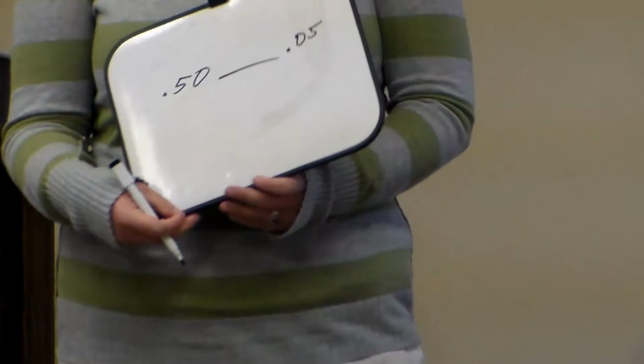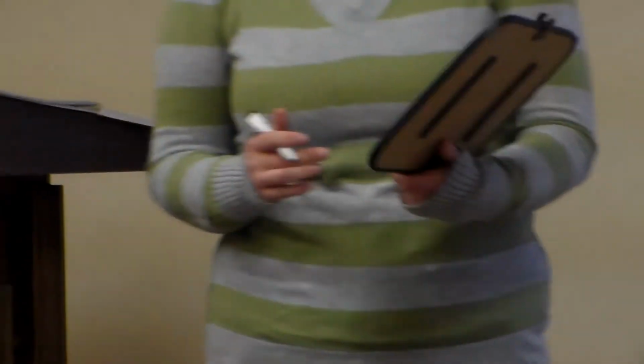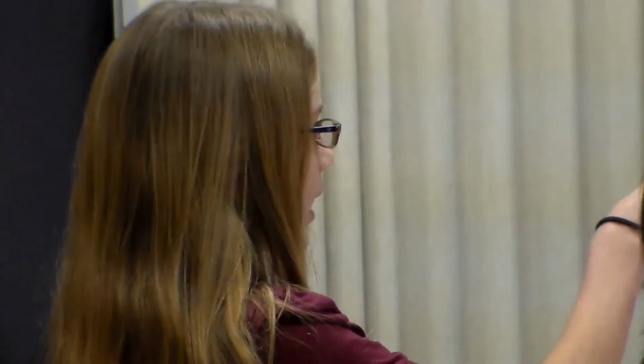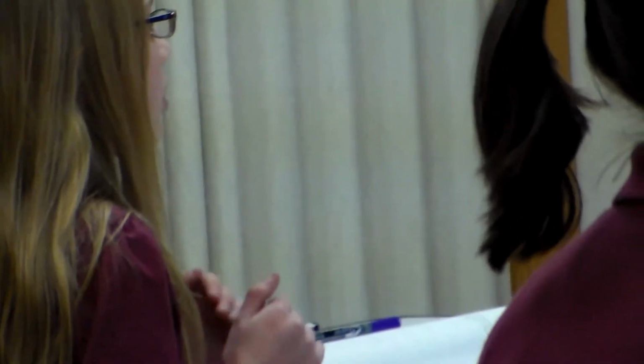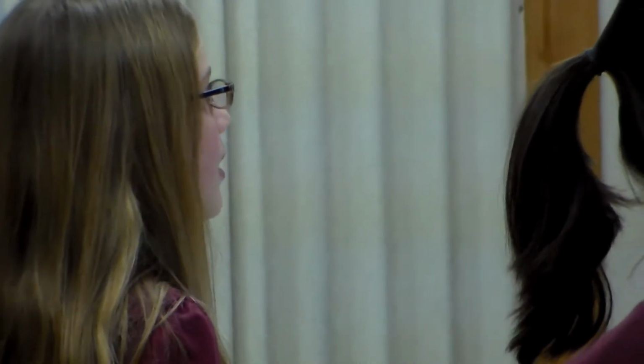Why would you say that one was bigger? Because the 5 is in the hundredths place. What do you think, Gracie? Because the 0 on this side, after the 5, you don't really have to use that. So that means the 5 is only over in the tenths place. But that 5 has a 0 before it, so it makes it go farther out to make it 5 over 100.